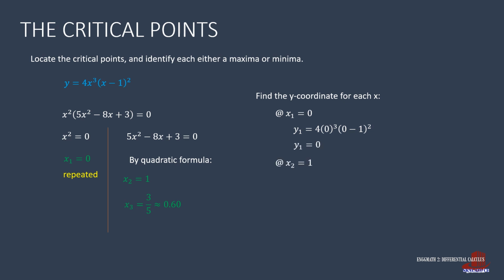At x of 1, y becomes 4 of 1 cubed times 1 less 1 squared, which makes y as 0. The third x of 3/5 is also plugged in, making y as 4 times of 3/5 cubed times 3/5 minus 1 squared, where y3 is 0.13824.